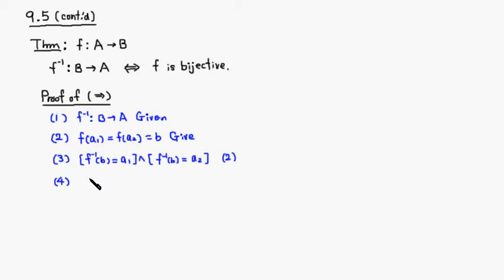So that tells you that a1 is equal to a2, which establishes that f is 1 to 1. This comes from the fact that f inverse is a function. So therefore, we establish that f is 1 to 1.